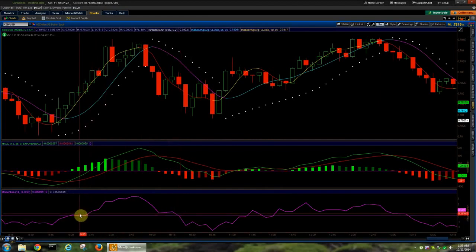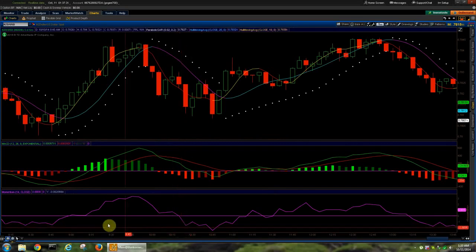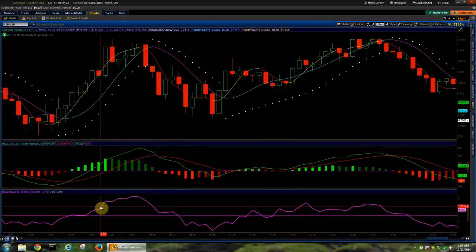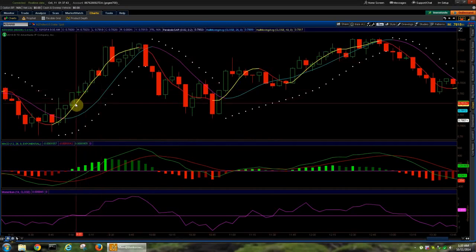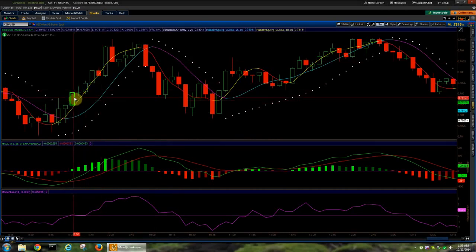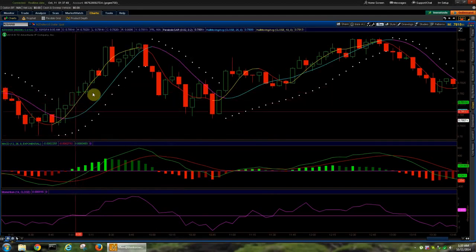So above zero for a call and below zero for a put, but it doesn't necessarily always have to be that way. And then you'd like to see it be a smooth uptrend. You don't like to actually see this jagged up and down, because that would mean that the price action would be choppy, which would be like red candle, green candle, red candle, green candle, red candle. You actually like to see it more smooth.